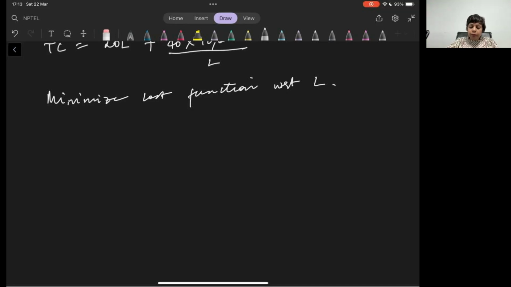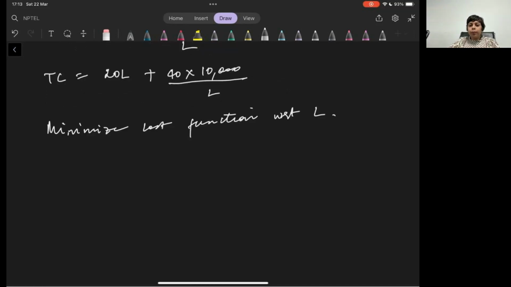We just take the first order derivative of total cost with respect to L, and we set it to 0. Then, if necessary, or if we get several alternatives, or just to check, we take the second order derivative and check whether it is greater than or less than 0.